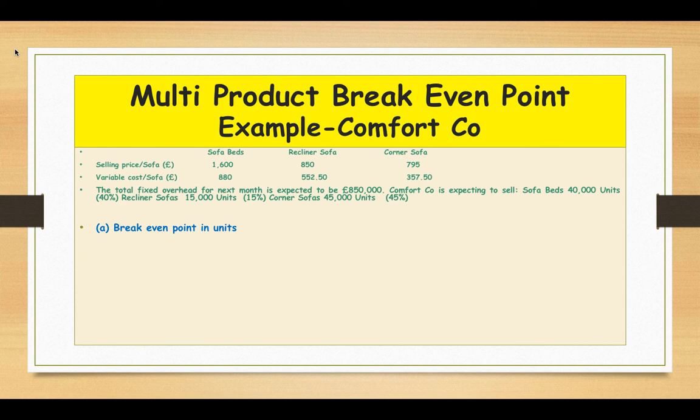Now we need to calculate the break-even point in units. As we have seen before, the formula for a multi-product company is fixed cost divided by the weighted average contribution per unit. So we'll calculate the weighted average contribution per unit.